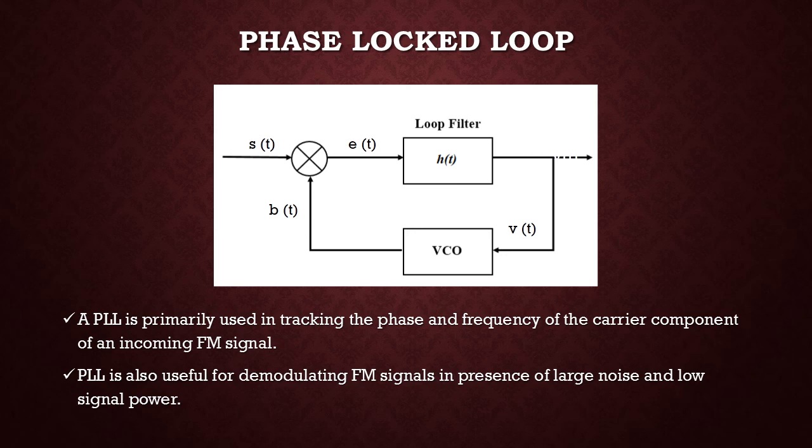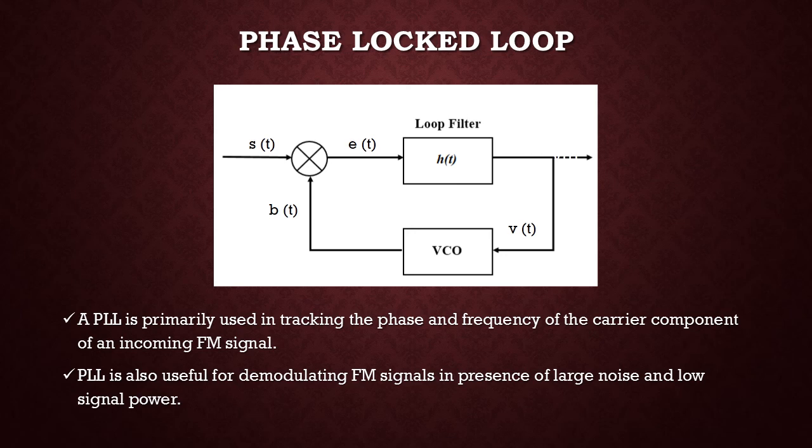Now the working principle: the operation of a PLL is similar to any other feedback system. In any feedback system, the feedback signal tends to follow the input signal. We all know, if the feedback signal is not equal to the input signal, the error signal will change the value of the feedback signal until it is equal to the input signal. The difference between S(t) and B(t) is called the error signal.